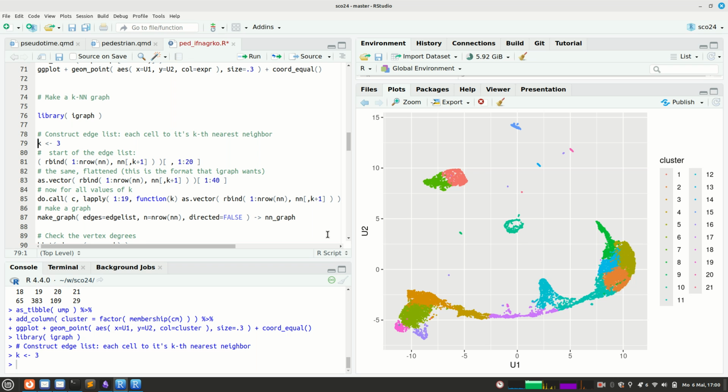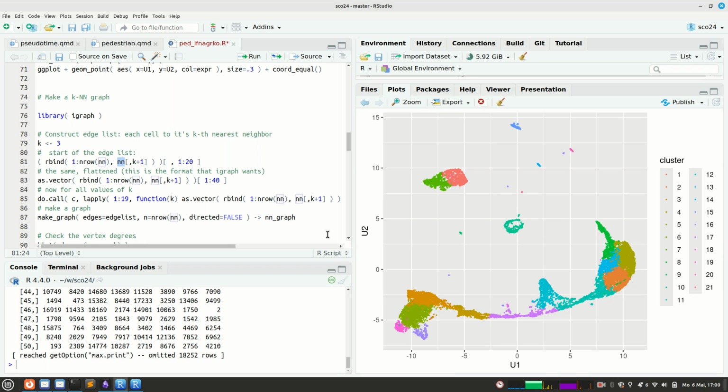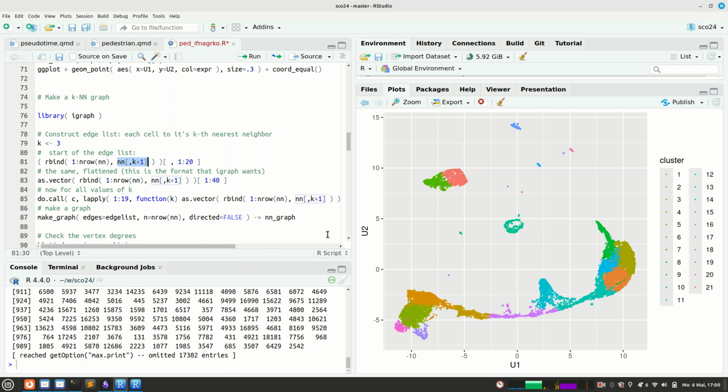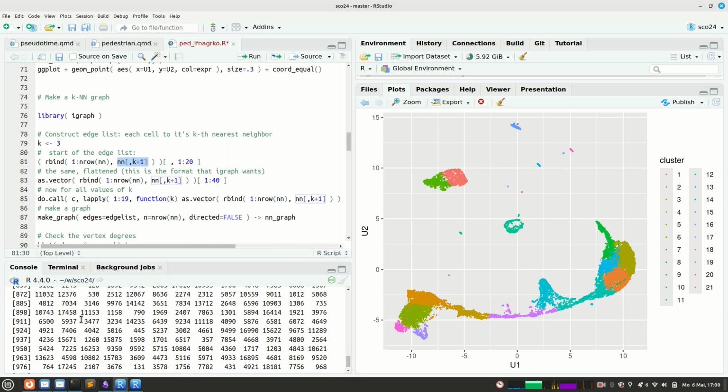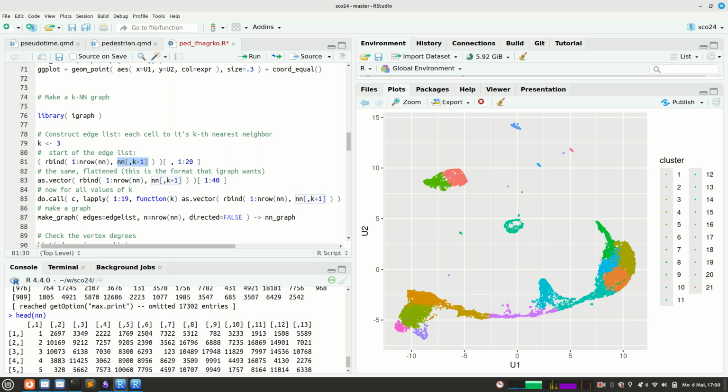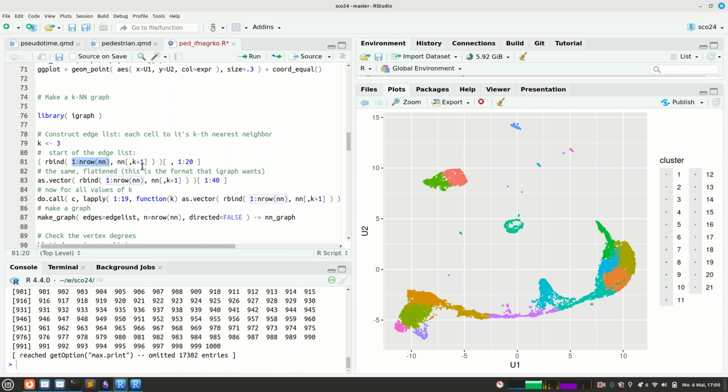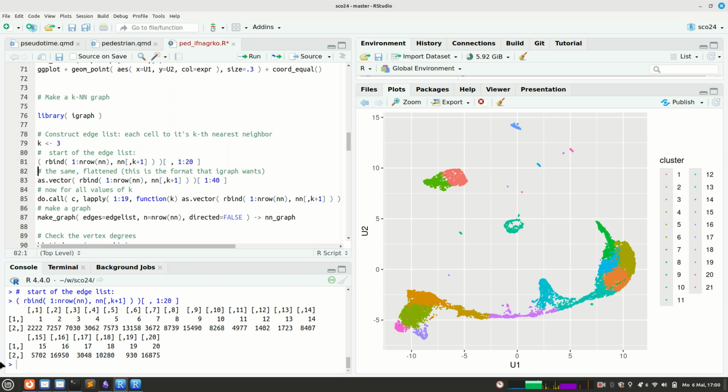For the third nearest neighbor, I look in my nearest neighbor table at column 4, because you remember there was n. This column is the third nearest neighbor. So I now have to make a list connecting every cell with its third nearest neighbor. And here you see how this looks.